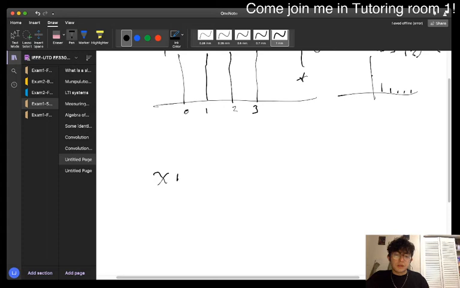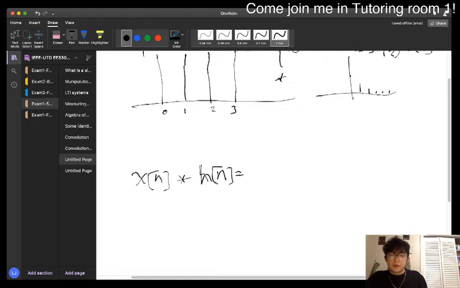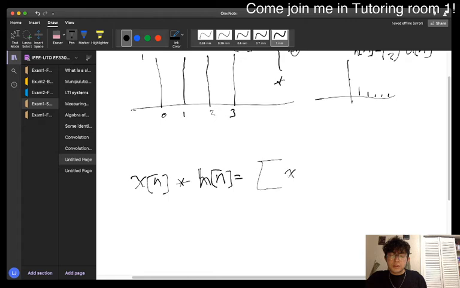So x of n convolved with h of n is equal to the sum of x of m times h of n minus m, with m going from negative infinity to infinity.